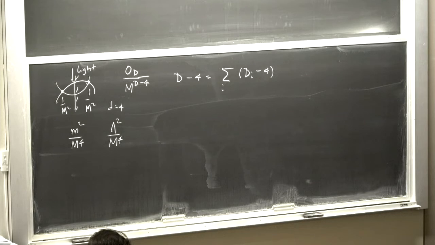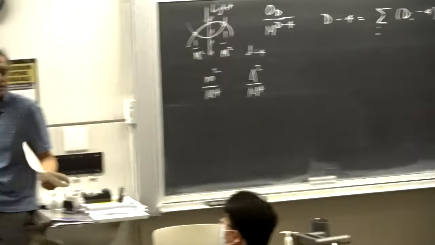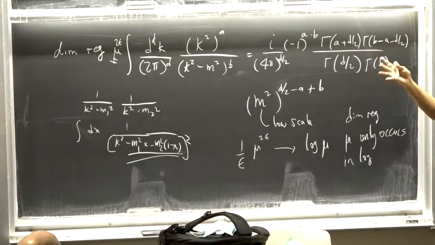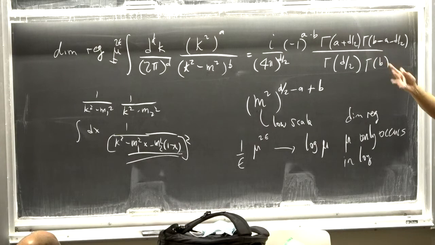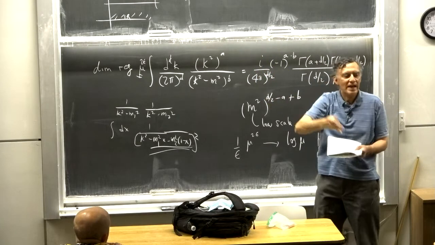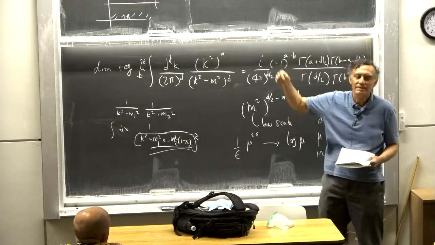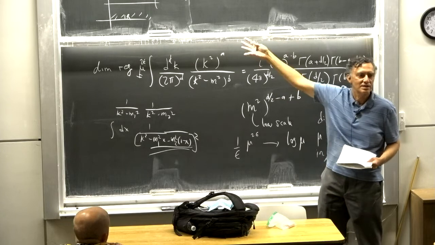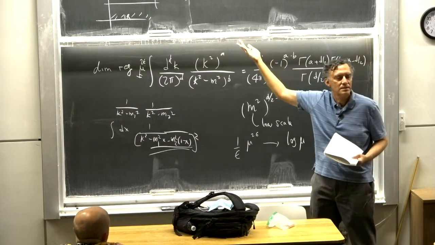Now you've just put in some random lambda that you made up. If you take lambda to be big, this expansion breaks down. If you take lambda to be small, how are you going to do the matching? Because you don't know what's happening in the UV, since your integrals don't have the UV in them.